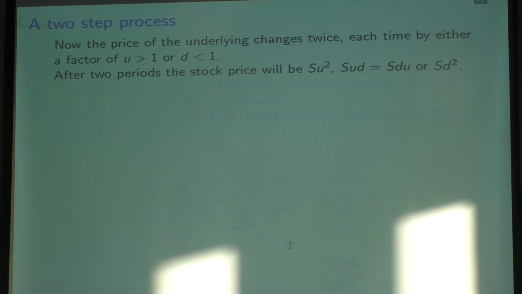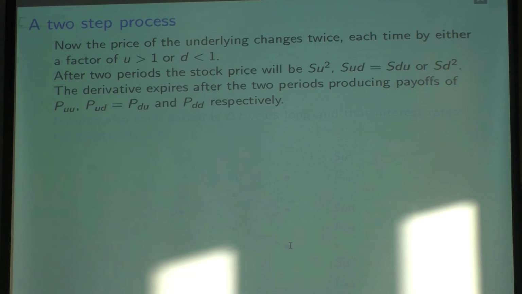And I read the small print, and I find that the corresponding payoffs for these 3 states of the world are PUU and PUD and PDD. And then I'm going to make some assumption about interest rates. I'm going to say all interest rates are the same. They're all equal to R, and each step in time takes delta t years.